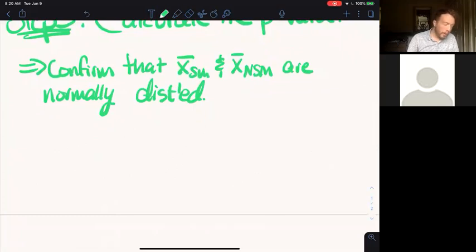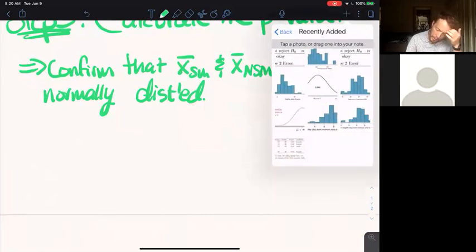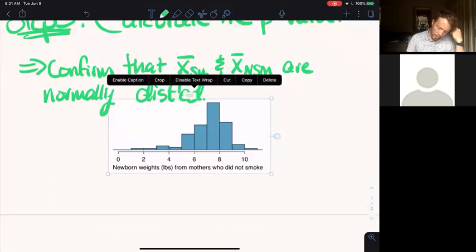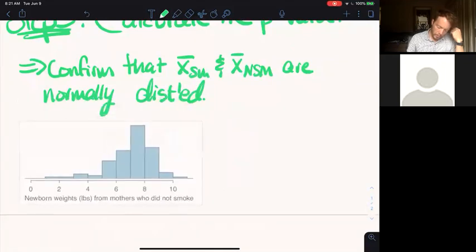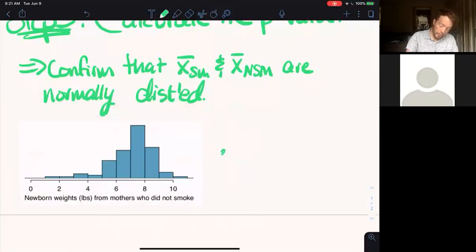I think we already have that they came from a simple random sample, so that checks out. And the simple random sample represents less than or equal to 10% of the total population. Let's start with non-smoke. So this is a distribution. I am seeing a left skew, which is a little troubling, but let's look at what their sample size is as well.